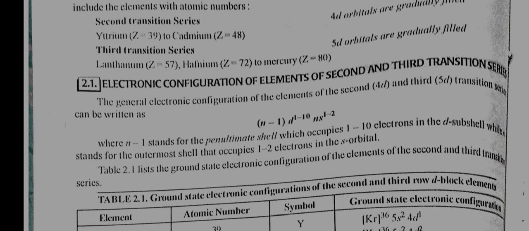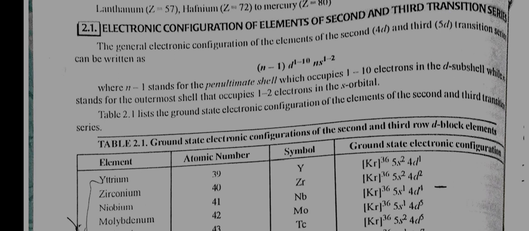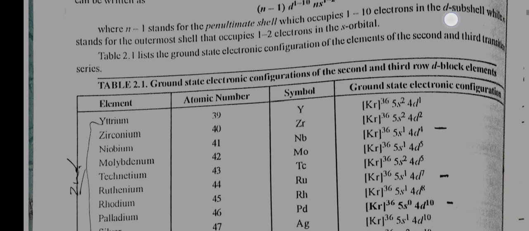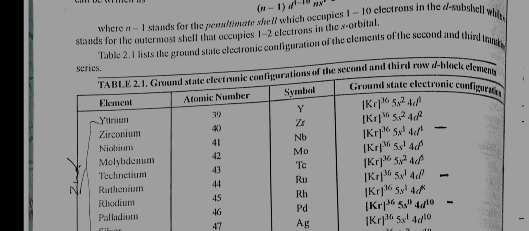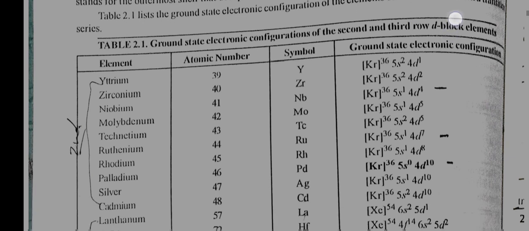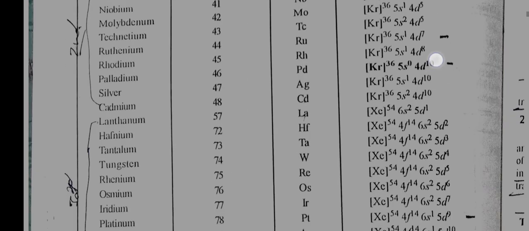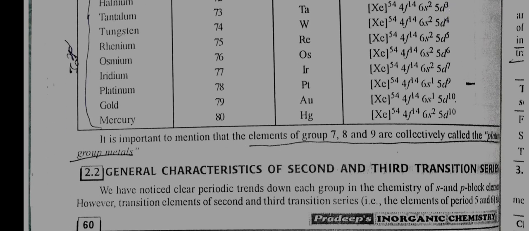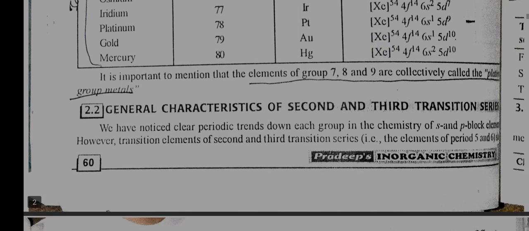Table 2.1 lists the ground state electronic configuration of the elements of the second and third transition series. It is important to mention that the elements of group 7, 8, and 9 are collectively called the platinum group elements. General characteristics of second and third transition series.